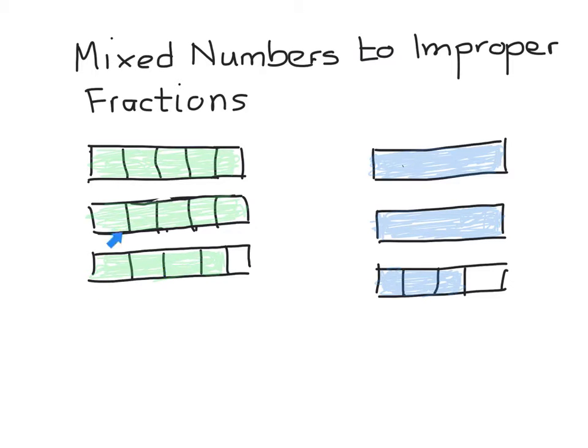So to write the amount as a mixed number, that means I have to have a whole number and a fraction. So I write it as 2 wholes, because I've got 2 whole bars, and I have 4 out of 5 equal parts. So I have 2 whole bars and 4 fifths.